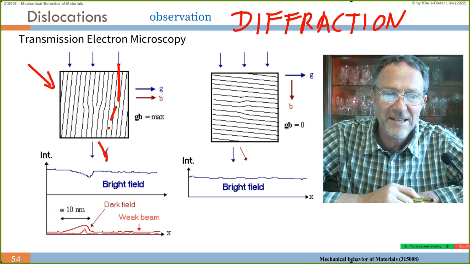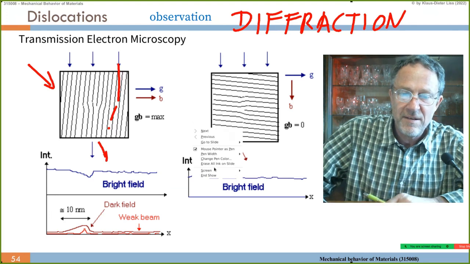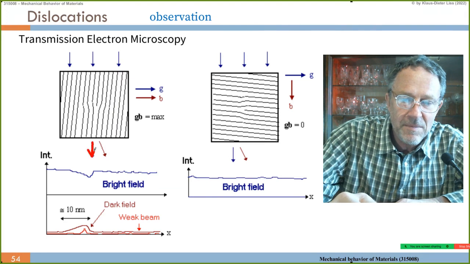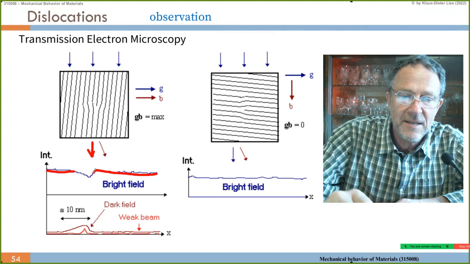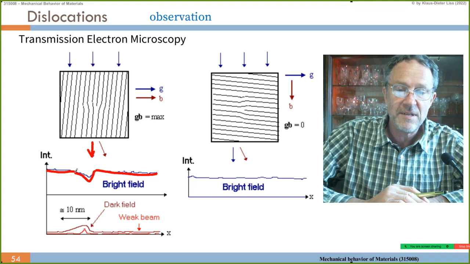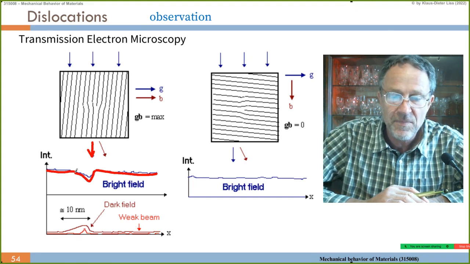It's only schematic. If we look at the transmitted beam here, we get a contrast like this. It's constant, and around the dislocation we get less intensity, because the dislocation scatters intensity somewhere else. So we get a deficit of intensity.